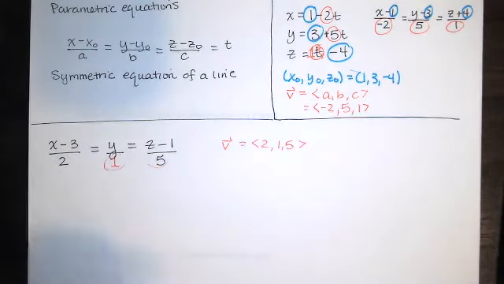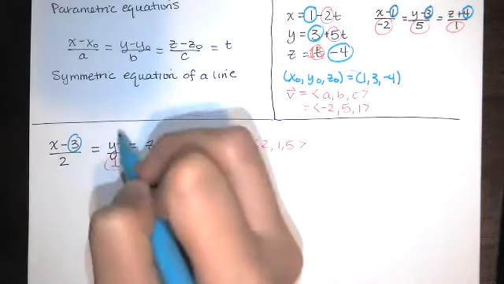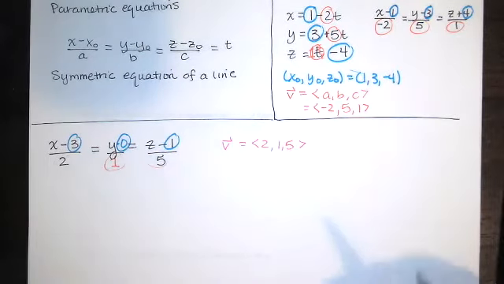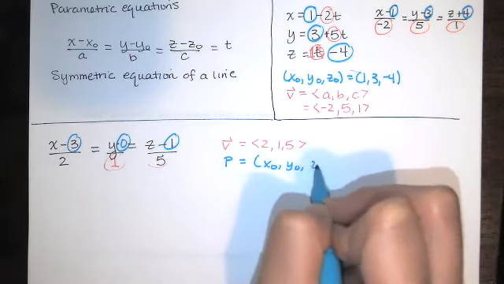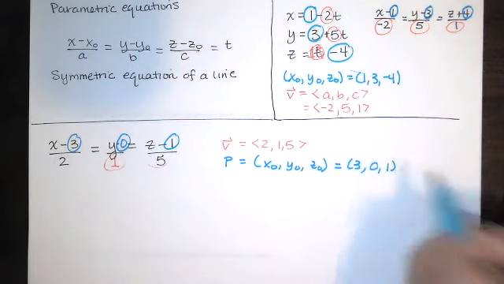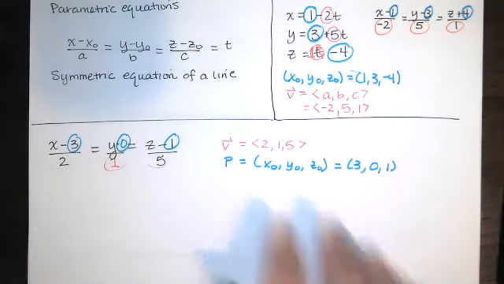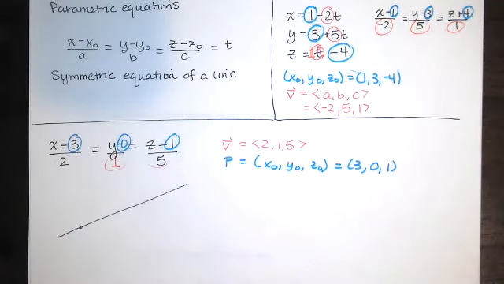And the point P comes from whatever you're subtracting from the x, the y, and the z. So we're subtracting 3, we're subtracting nothing, and we're subtracting a 1. So the point P is 3, 0, 1. So when I see this, I think of this, or even better, I think of this.